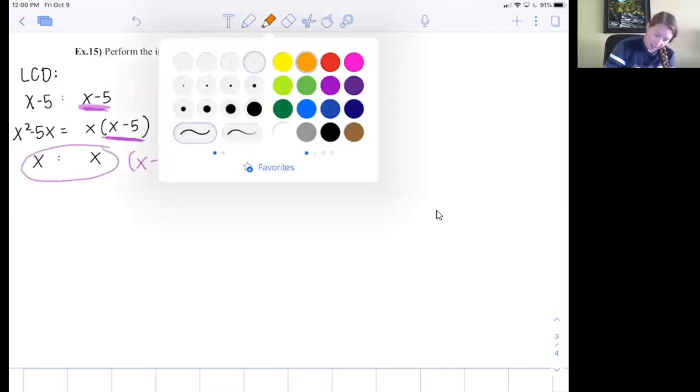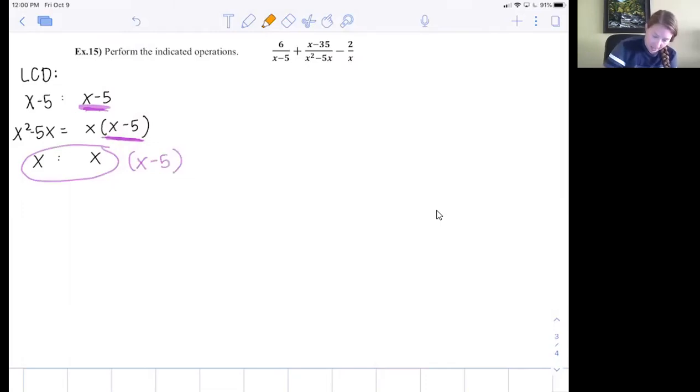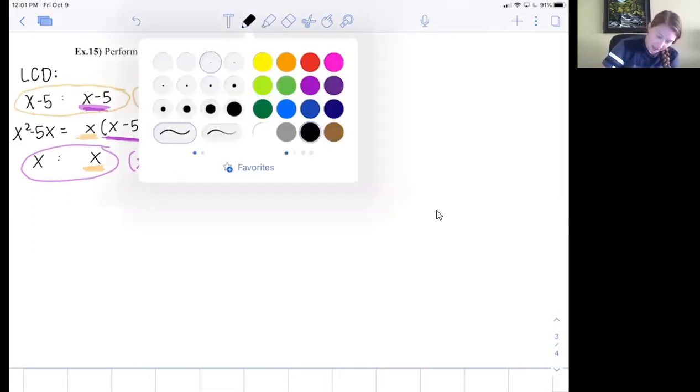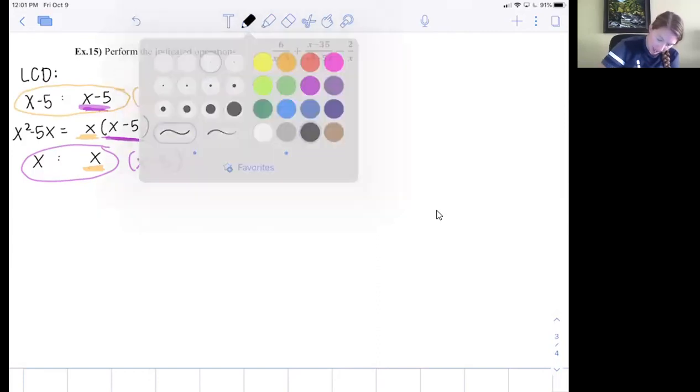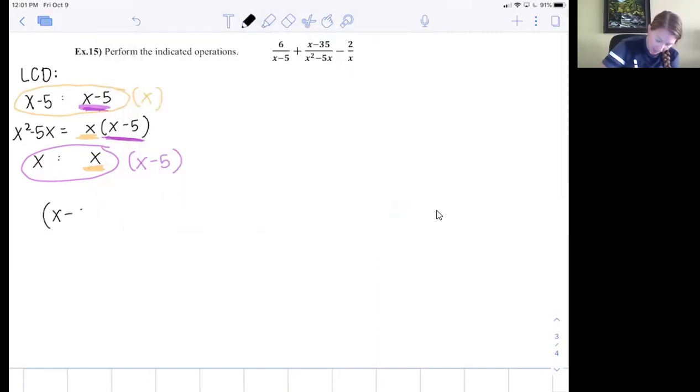And then I can see that this one and this one have an x in common, but this top one doesn't have it. So I've got to just times this by x, okay? And then my LCD is just going to be this x minus 5 times by x, okay? Because once I times these together, I'm going to have an x minus 5 times by x.